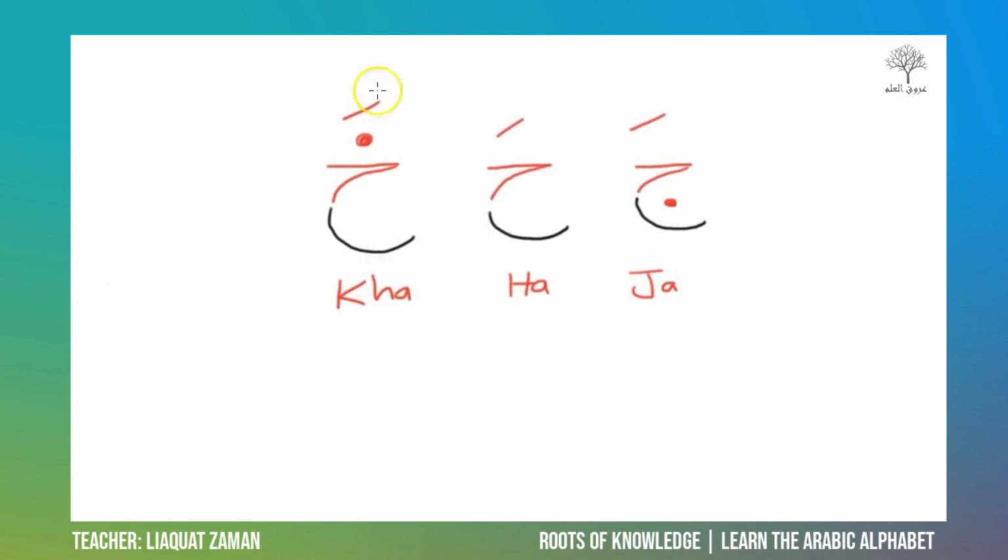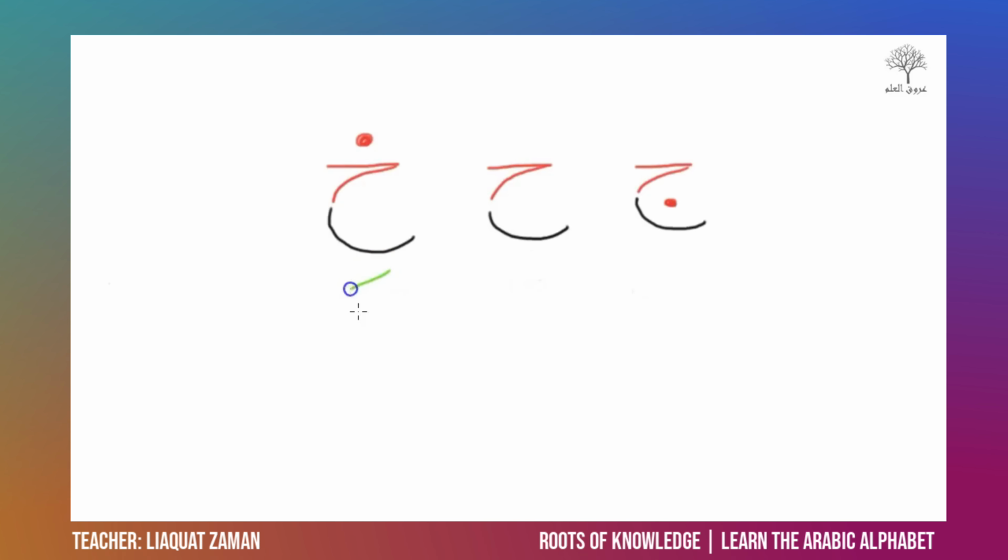Ja, ha, and kha. Okay, so now let's say we were to change these into kasras. So let's say we had kasras under each one of them. How would you pronounce them?